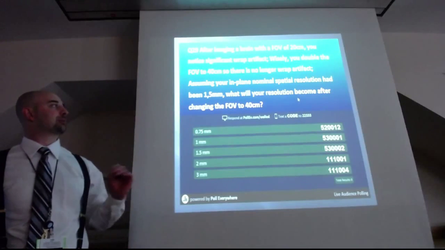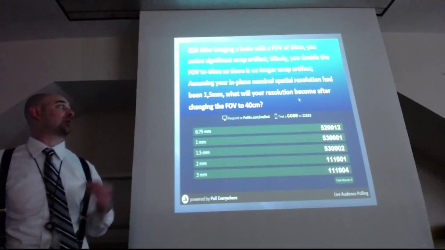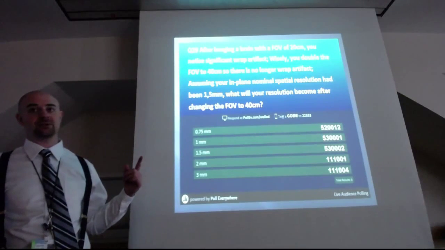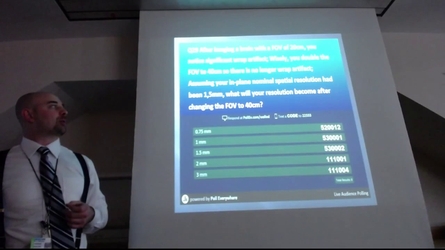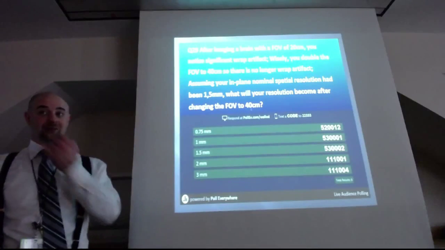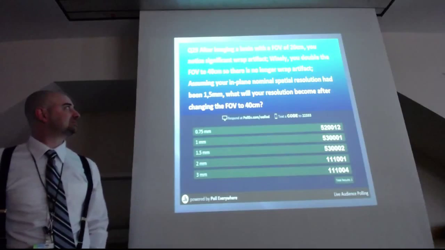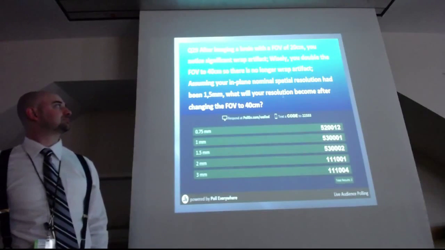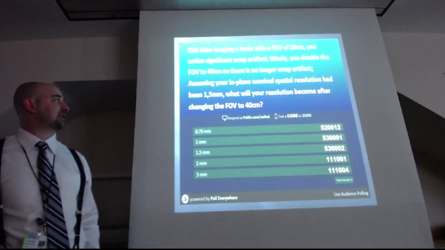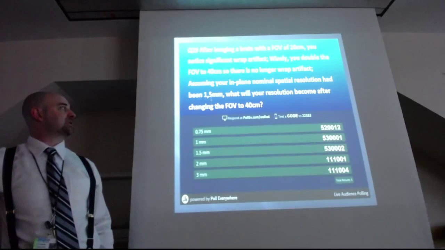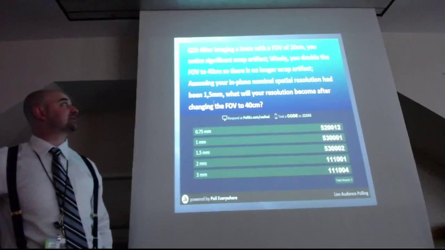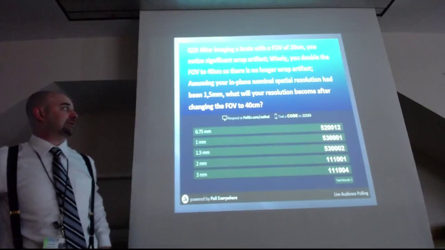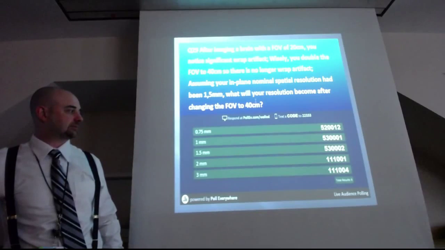Now, assuming your in-plane nominal spatial resolution had been 1.5 millimeters, what will your resolution become after changing the field of view to 40 centimeters? So with a field of view of 20 centimeters, your in-plane resolution is 1.5. When you double the field of view to 40, what is your new resolution?